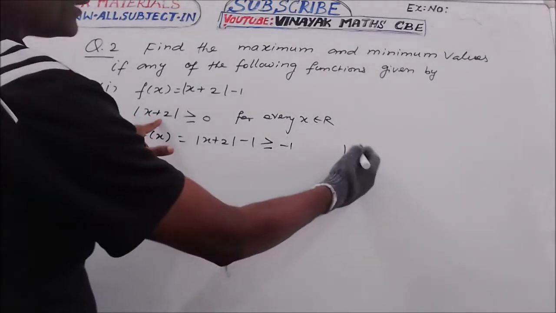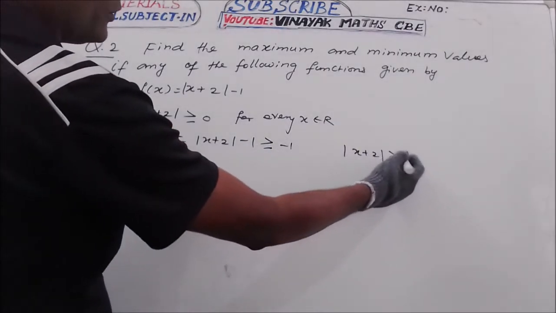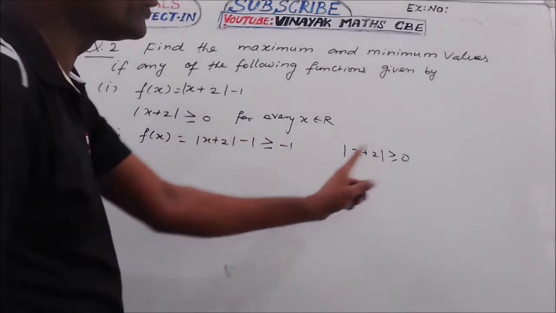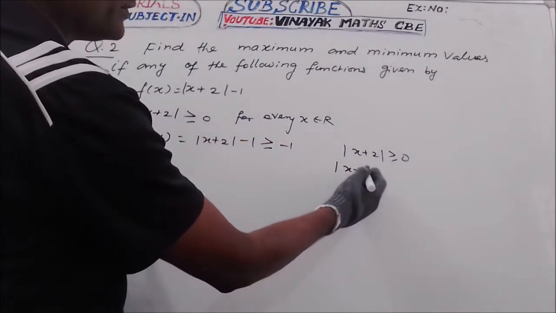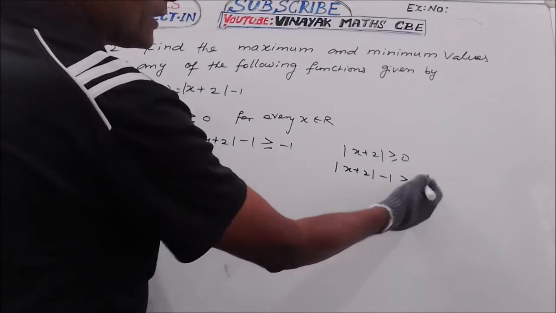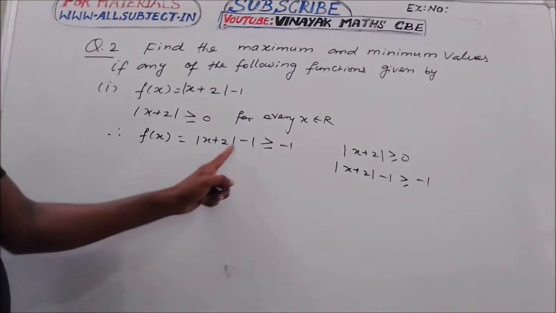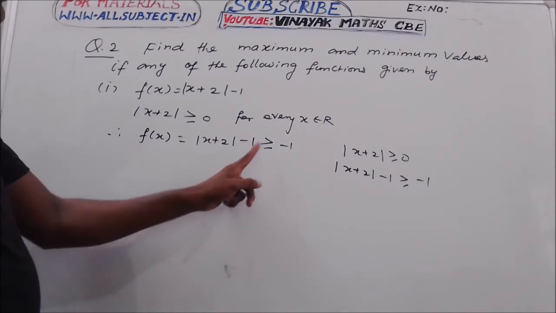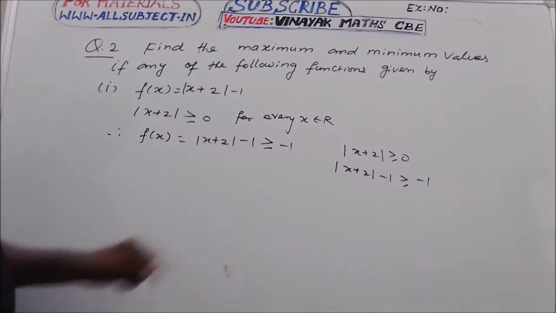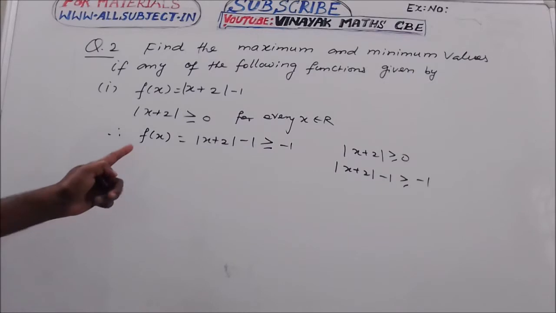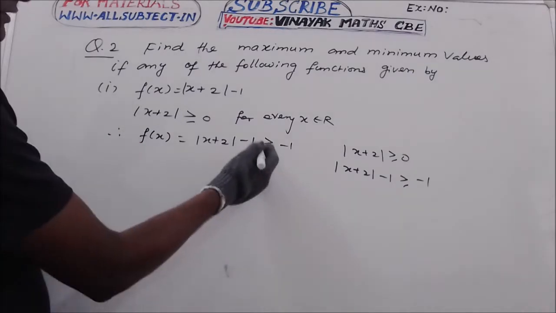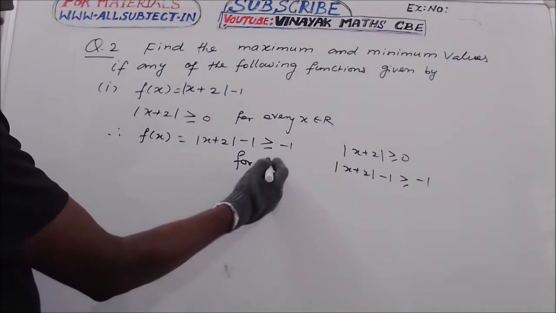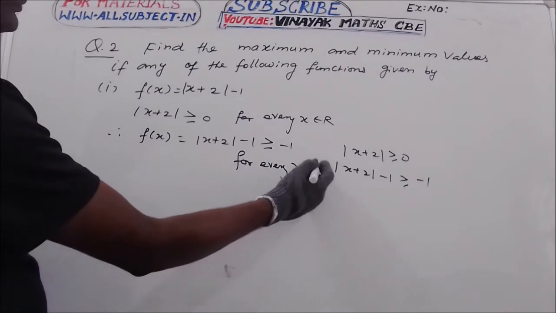Since modulus of x plus 2 is greater than or equal to 0, subtracting 1 on both sides, we get modulus of x plus 2 minus 1 greater than or equal to minus 1. This implies the given function f of x is greater than or equal to minus 1 for every x belongs to R.